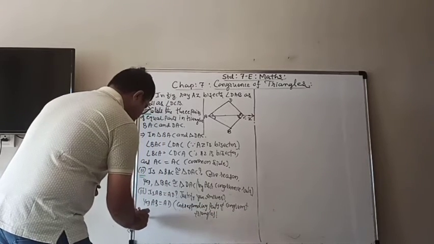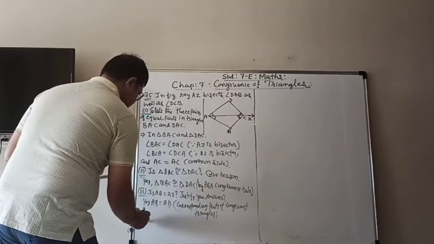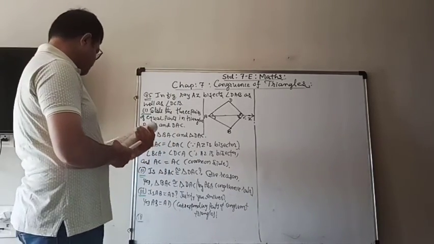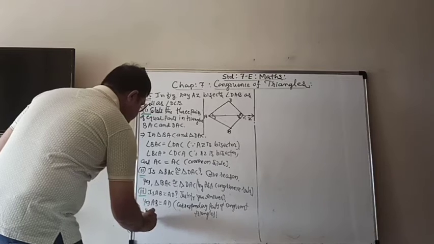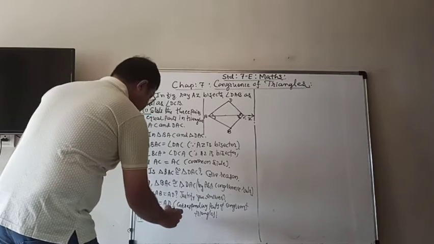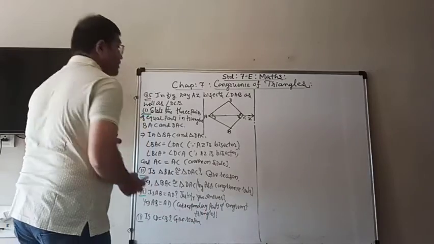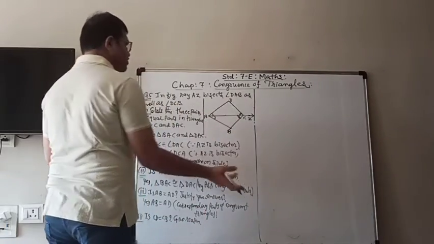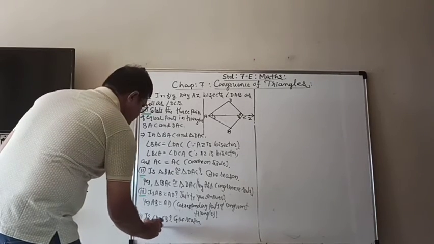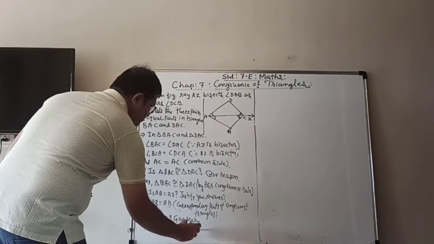There is a fourth question also. What does it say? Is CD equal to CB? Give reason. So here CB is also equal to CD because they are also the same thing. Yes, CD is equal to CB by CPCT.